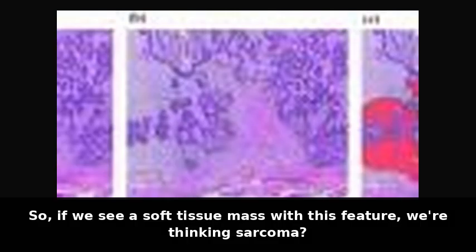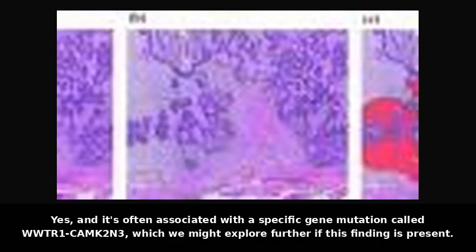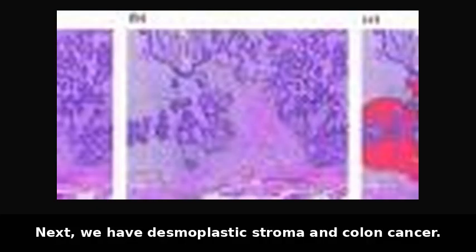So if we see a soft tissue mass with this feature, we're thinking sarcoma. Yes, and it's often associated with a specific gene mutation called WWTR1-CAMTA1, which we might explore further if this finding is present. Next, we have desmoplastic stroma and colon cancer.